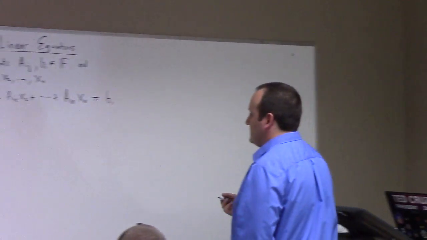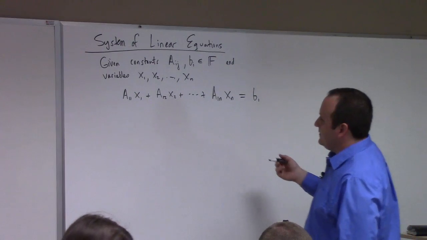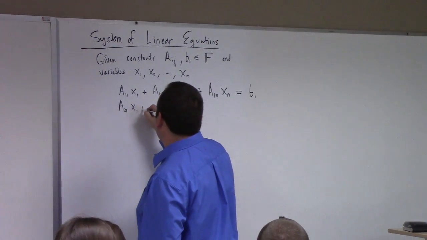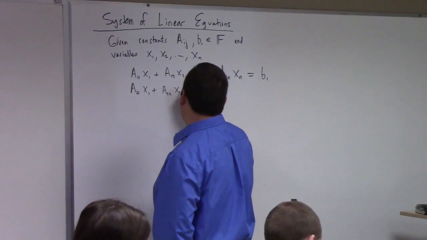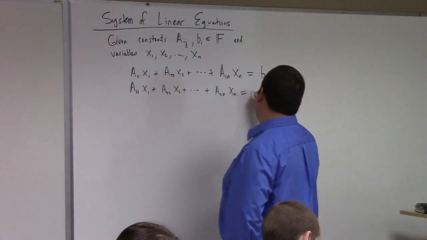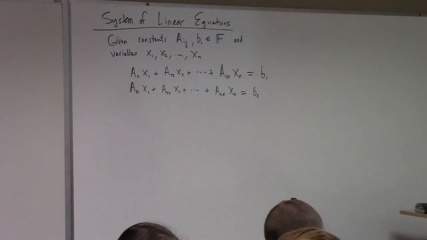It's a linear equation because the x1 all the way up through xn appear linearly here. And then you've got a21 x1 plus a22 x2 plus ... plus a2n xn is equal to b2. There's the second equation. All right, and this keeps going.